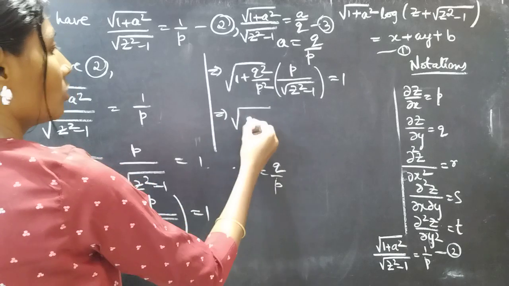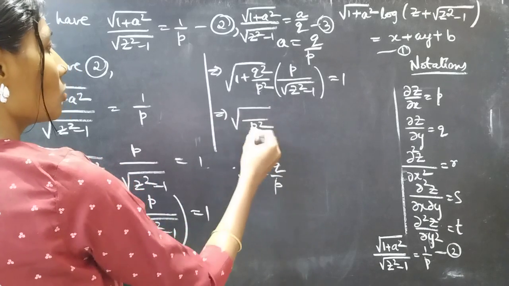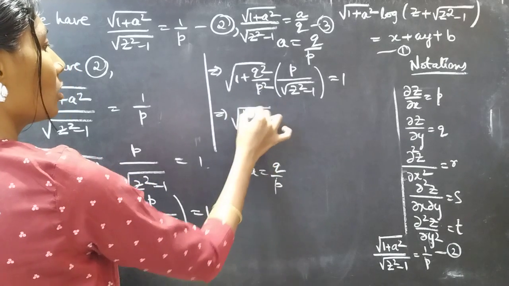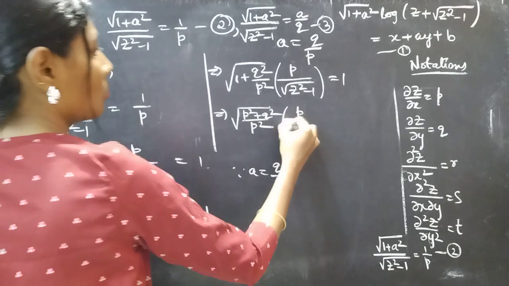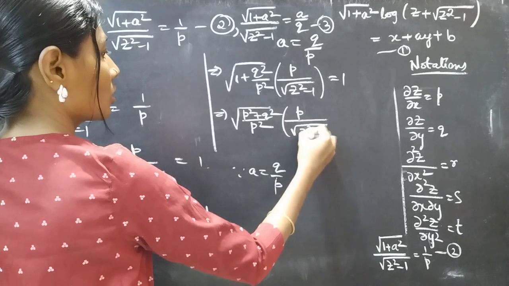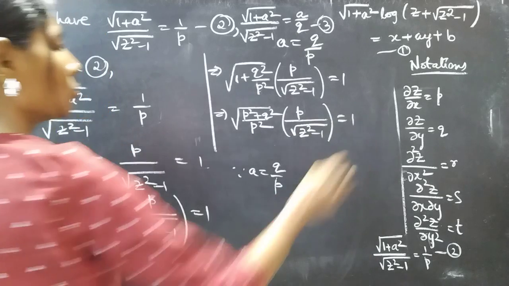Now take the LCM here, you'll get p square as your LCM, and in the numerator you'll get p square plus q square into p by square root of z square minus 1 equal to 1.